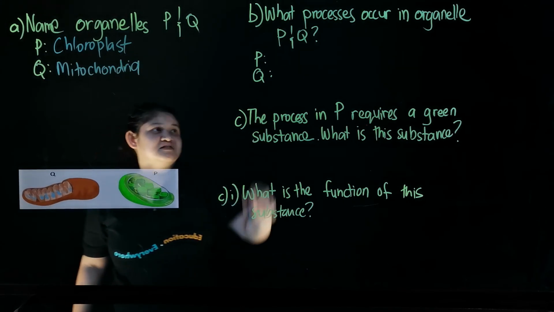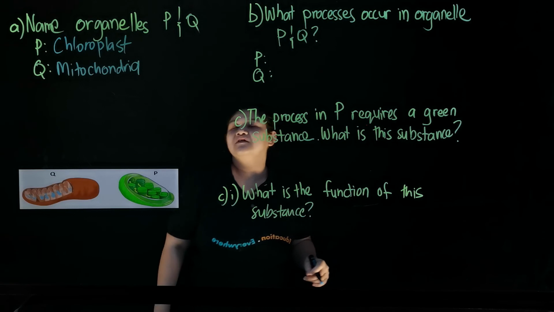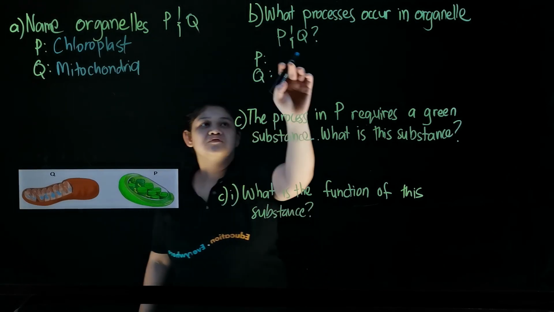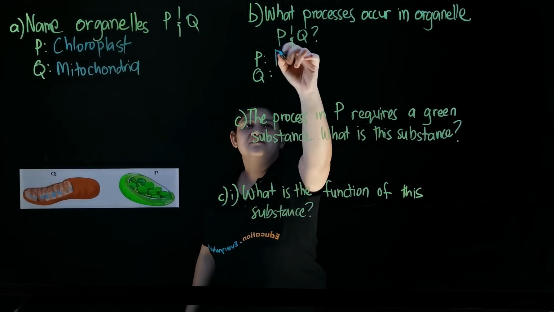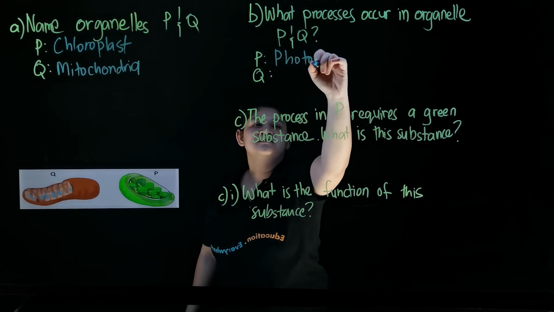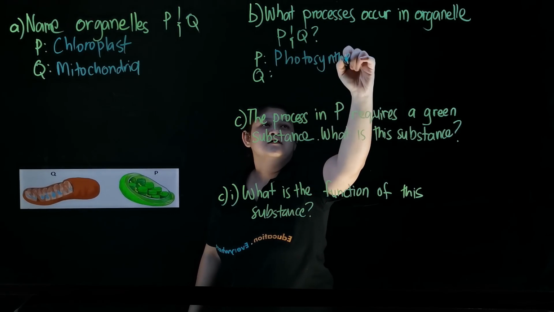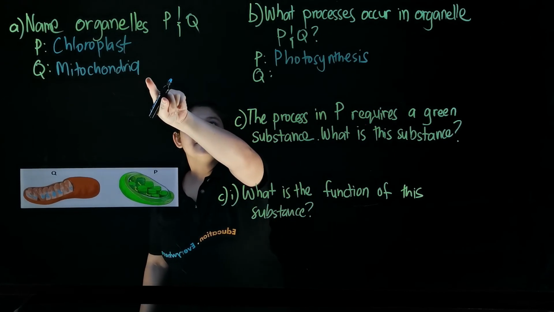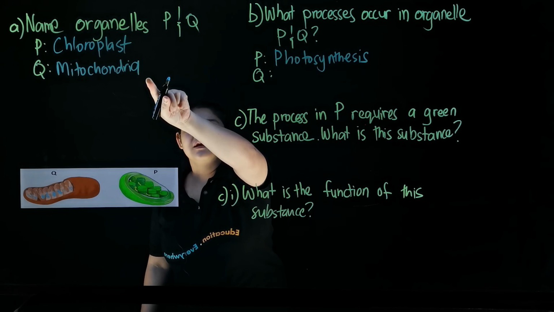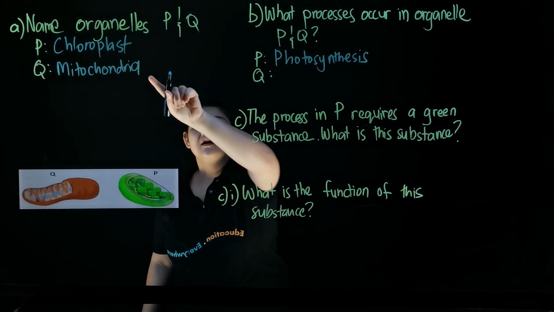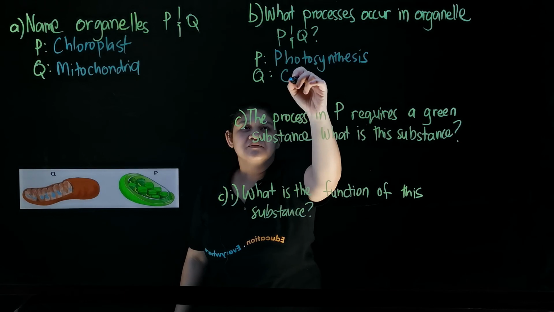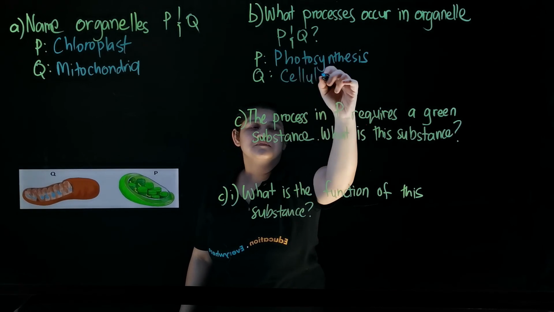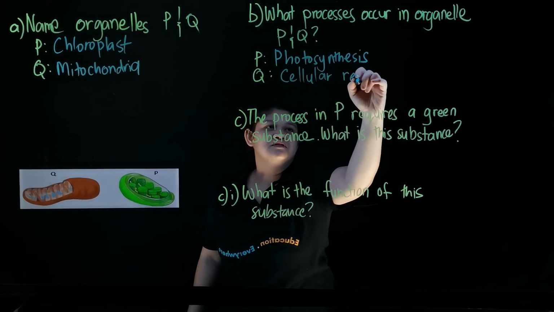The processes that occur in organelles P and Q: since P is chloroplast, it runs the process of photosynthesis. And the function of mitochondria is to generate ATP, or create energy, through the process of cellular respiration. We will look at cellular respiration in a later chapter.